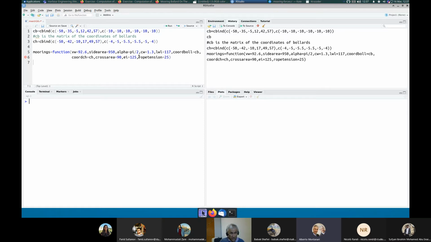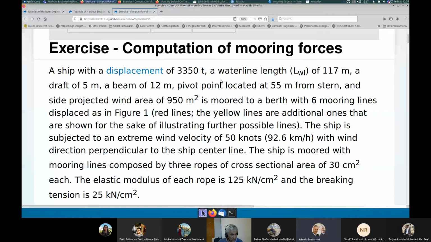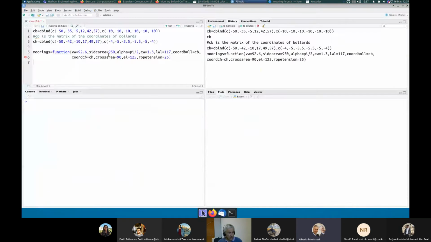Yes, it is the elasticity module. And sorry, let me check what is 125, because I don't remember. Yeah, it's the elastic modulus. And then there is the rope tension 25, which is to be multiplied by 3. Okay, now these are the arguments. The arguments are my input data, and I gave them as a default. But of course, if you want to change them into the function, you can do that later on.